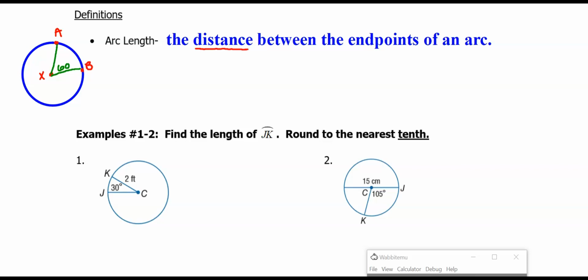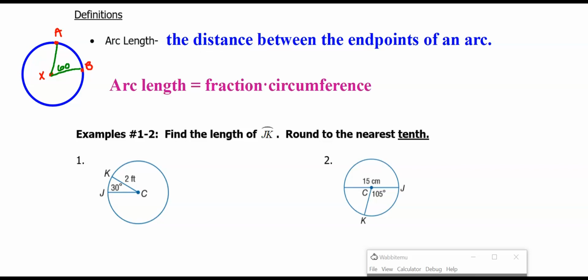We're going to say a fraction of the circumference. In my example up above, that fraction looks like 60 out of the 360 possible. And then the circumference would be whatever the diameter might be times pi. So we would need some more information, but that's how you would find the arc length. I don't want the whole circumference, I just want a part of it.